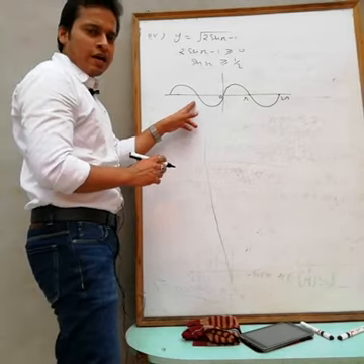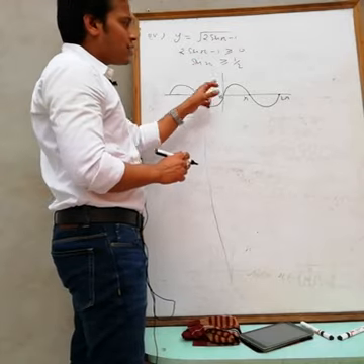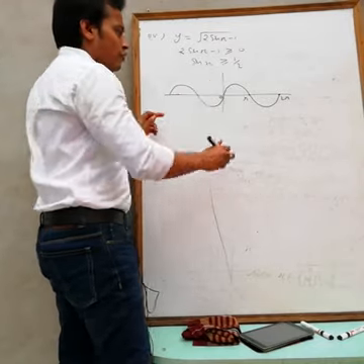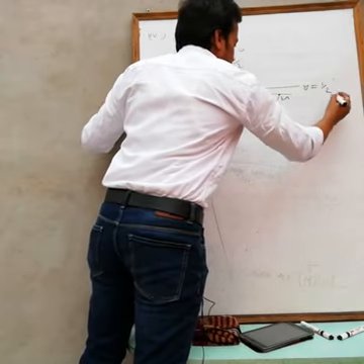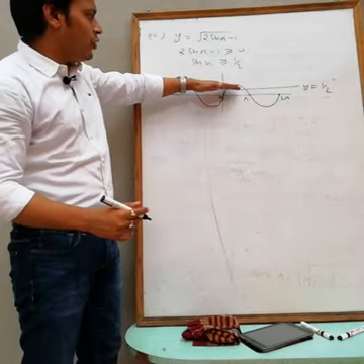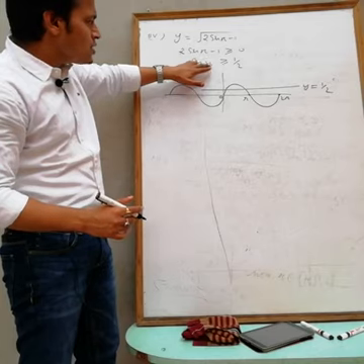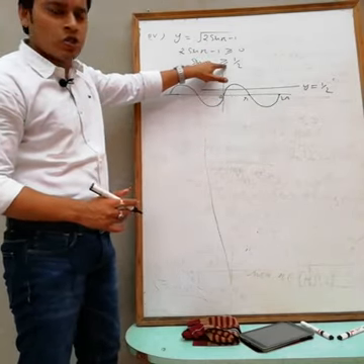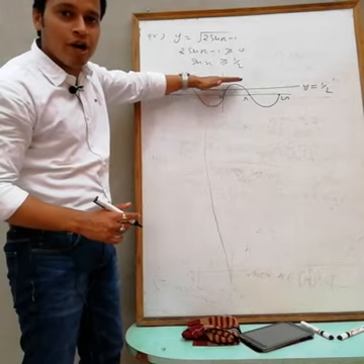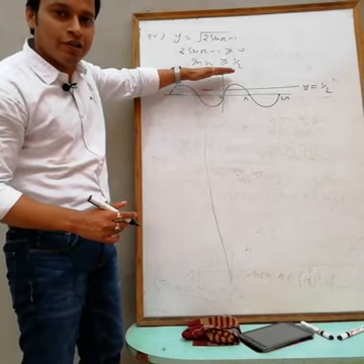This is y equals sine x. Now draw the line of y equals 1 by 2. This is the line of y equals 1 by 2, so this value is 1 by 2. Now I want values of x such that sine x is greater than or equal to 1 by 2, it means above this one or equal to this one, not below.